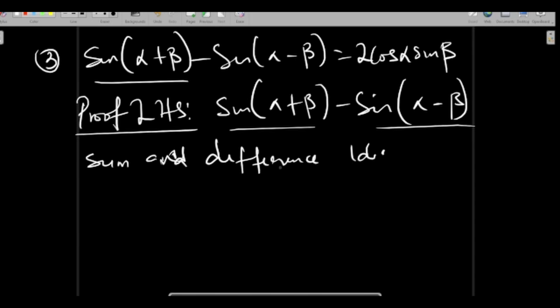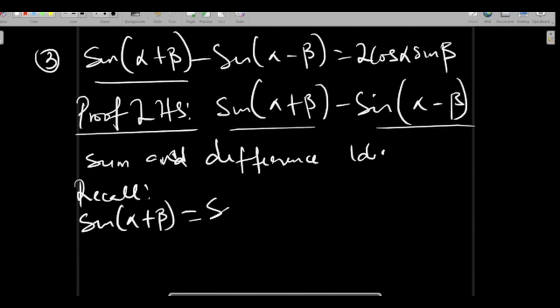They are really very important. Recall, sine alpha plus beta always is equal to sine alpha cos beta plus cos alpha sine beta. This identity has to be memorized by you. It is really very important.